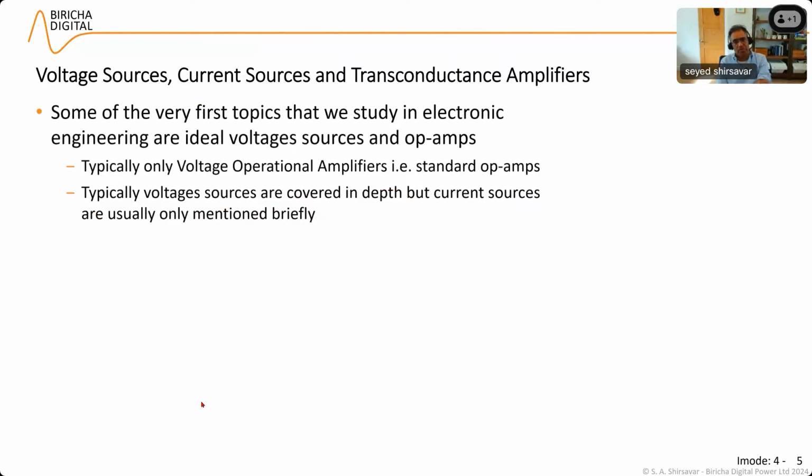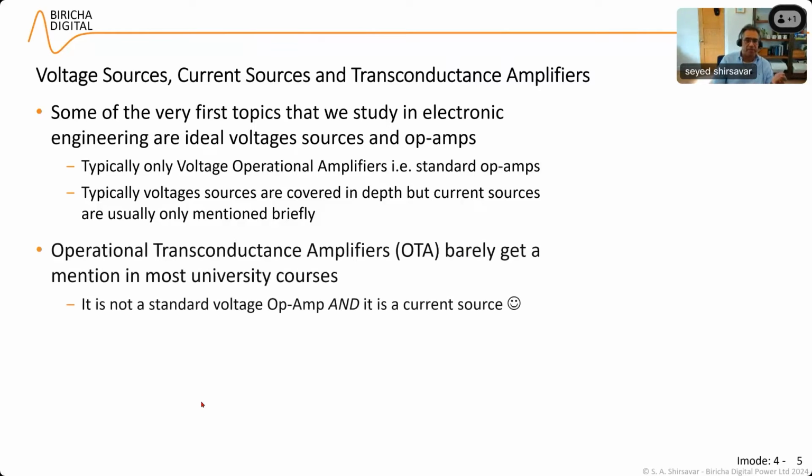Typically what we're taught are voltage sources, and we talk about operational amplifiers, but we just mean the standard voltage amplifiers. These are covered in depth, but when it comes to current sources, they just say, oh well, it's just a dual of the voltage source, and you divide the voltage by the resistance, you get the current, because it's Ohm's law and so on, and it's kind of brushed off a little.